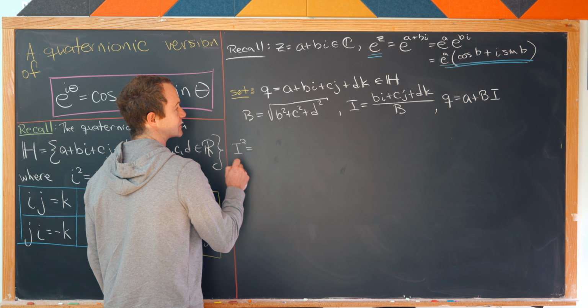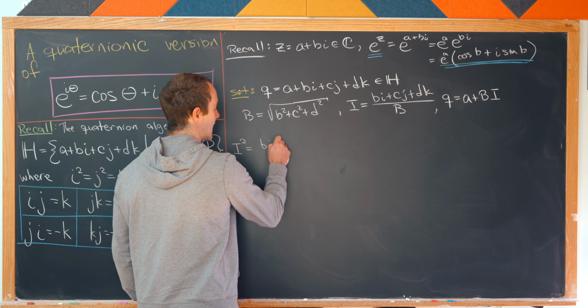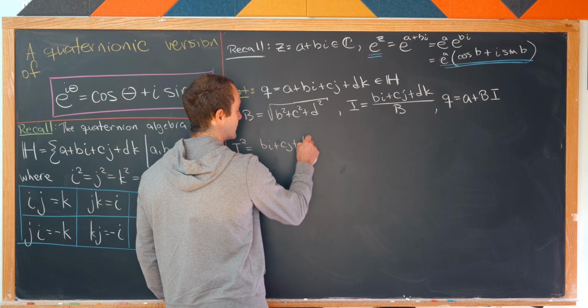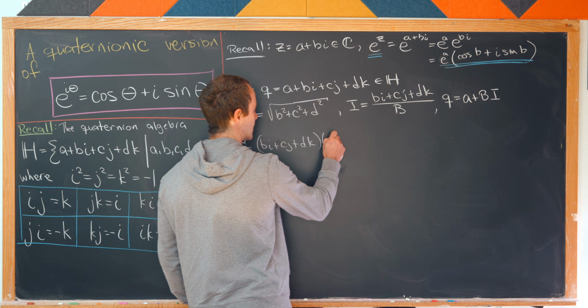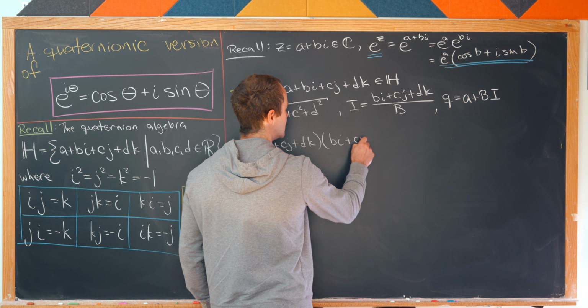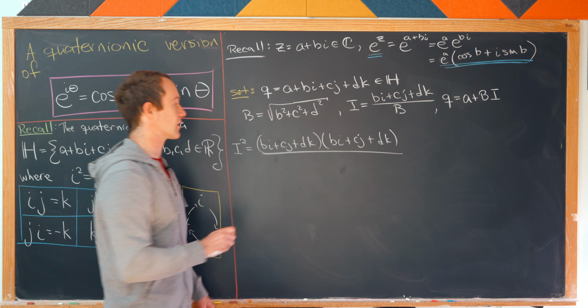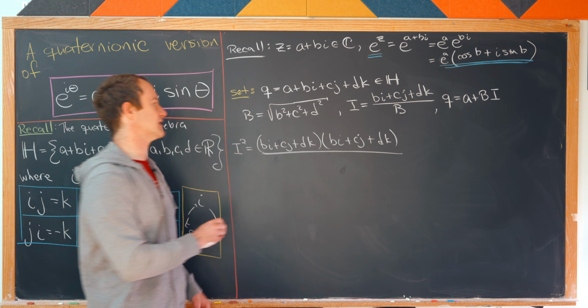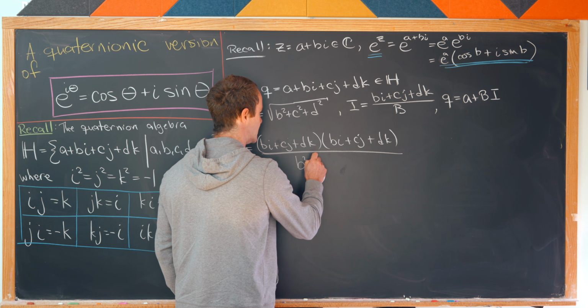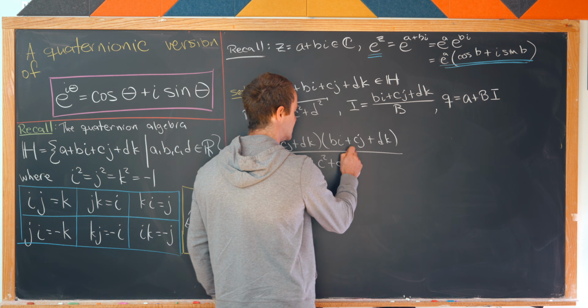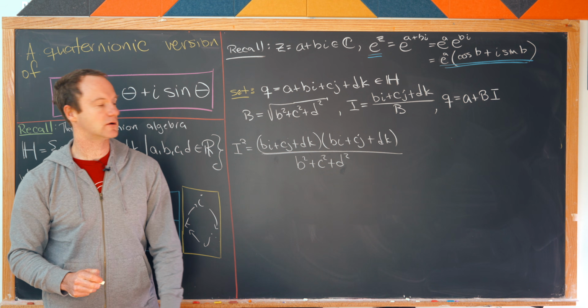So that's going to give us what? It'll give us (bi plus cj plus dk) squared, but I'll just write them next to each other so we can easily multiply everything, over capital B squared. But capital B squared is b squared plus c squared plus d squared. Notice I just took it out of the radical.